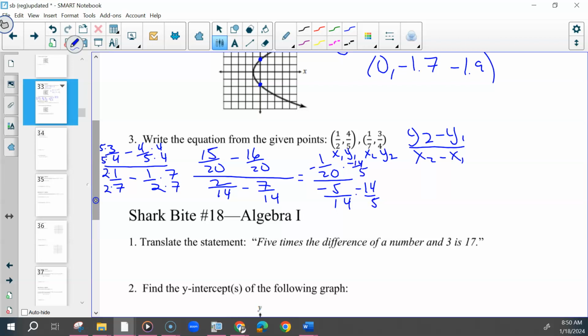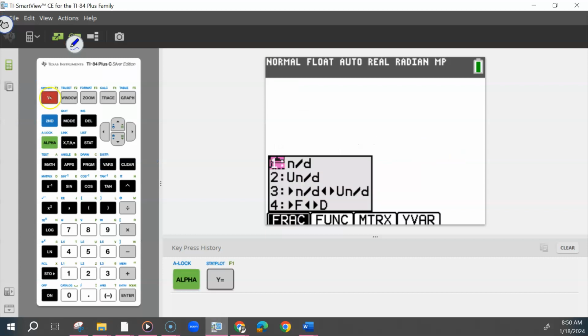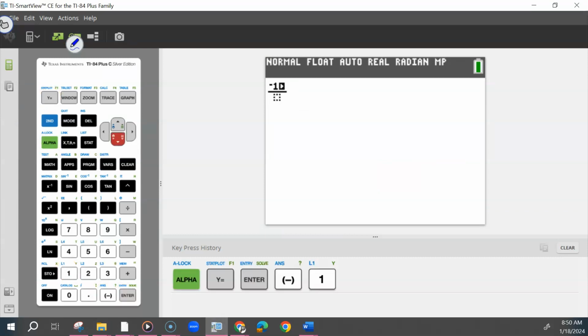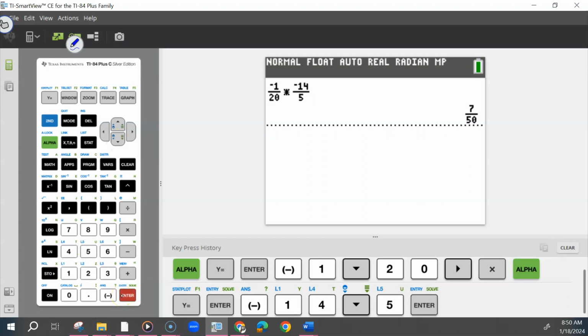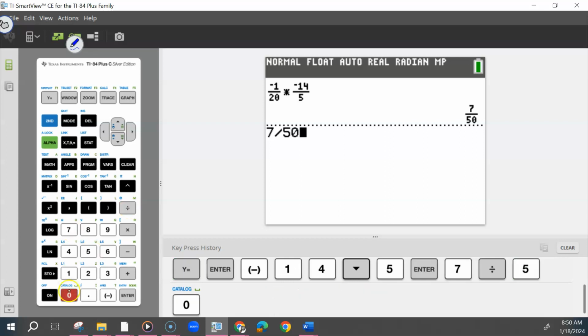So let's say I just multiplied. So for this one, if you put this as a decimal, that's fine because it's a nice short decimal.